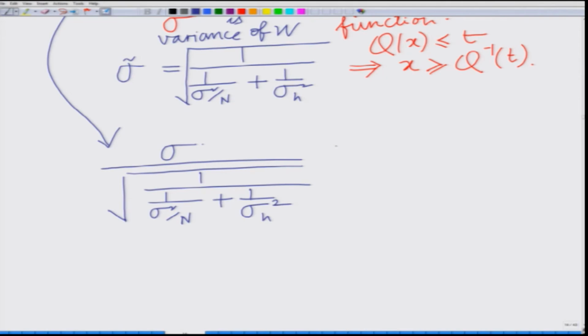This has to be greater than or equal to twice Q inverse of 5 into 10 to the power of minus 5.